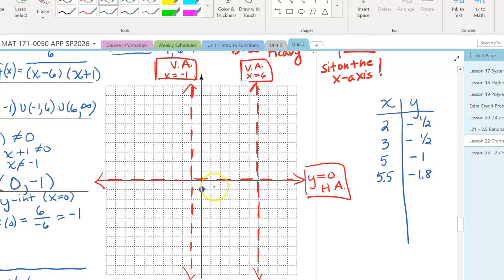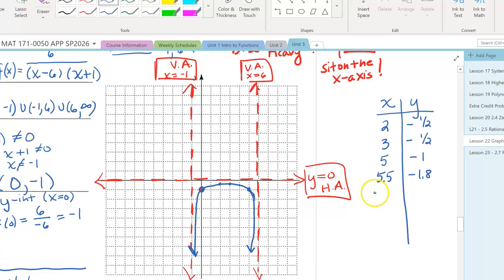So if I graph those, 2, negative 1/2, 3, negative 1/2, 5, negative 1, 5.5, negative 1.8, I can see the graph is doing this and coming down.